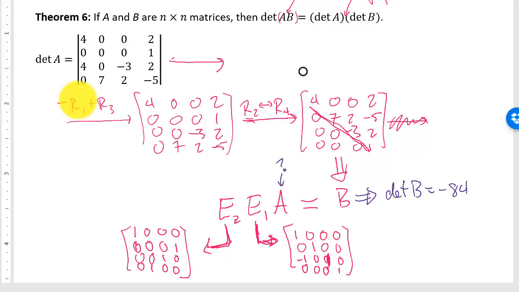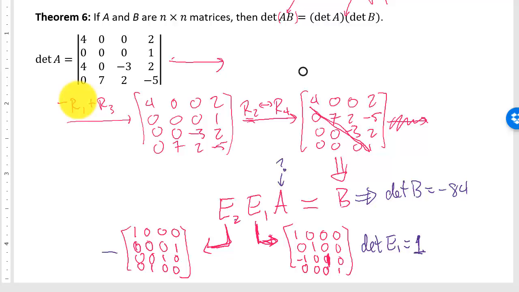We know the determinant of E1, since we're doing this first elementary row operation where we multiply a row by something and add it to another row, will remain the same. And since this elementary row operation came from the identity matrix, the determinant of that will remain 1.